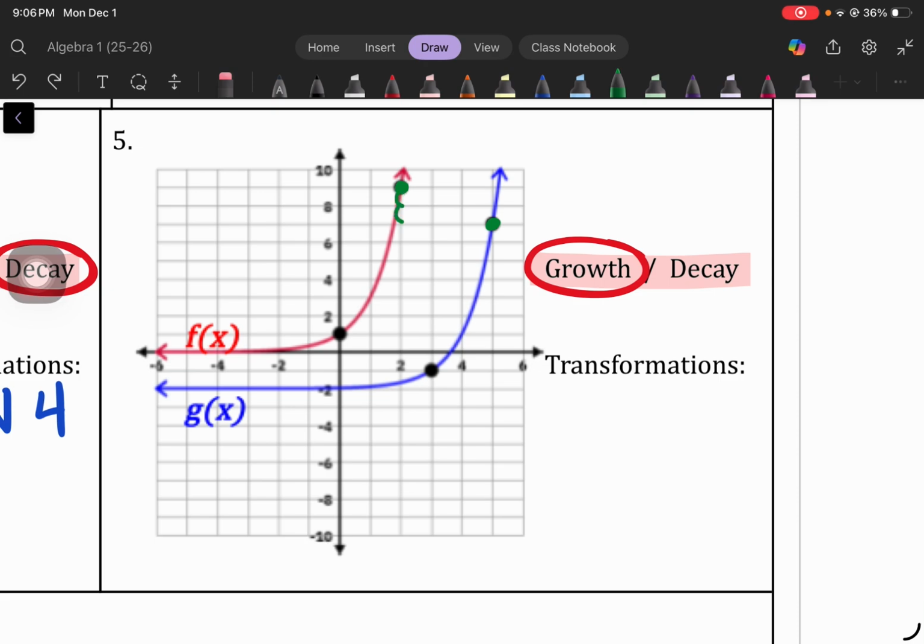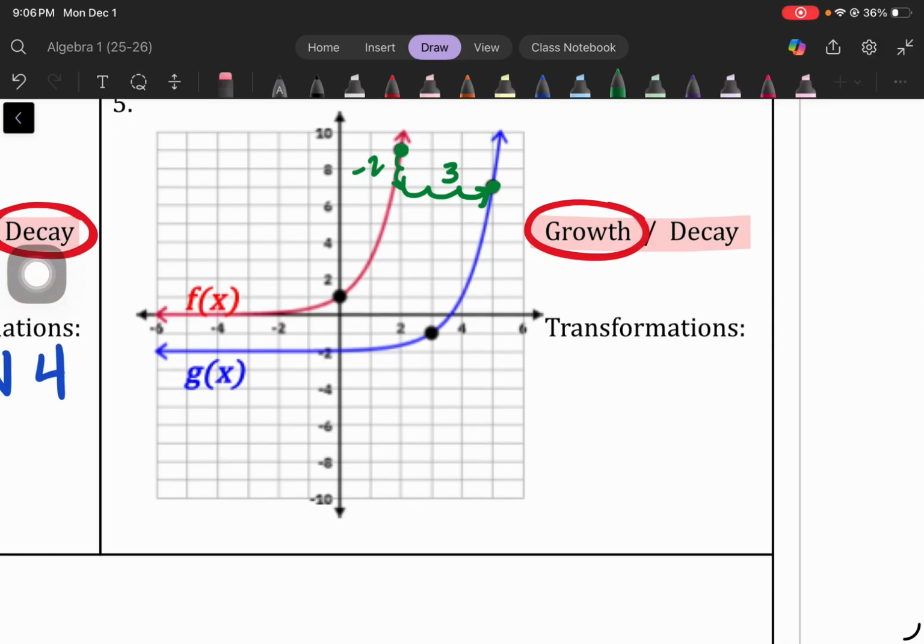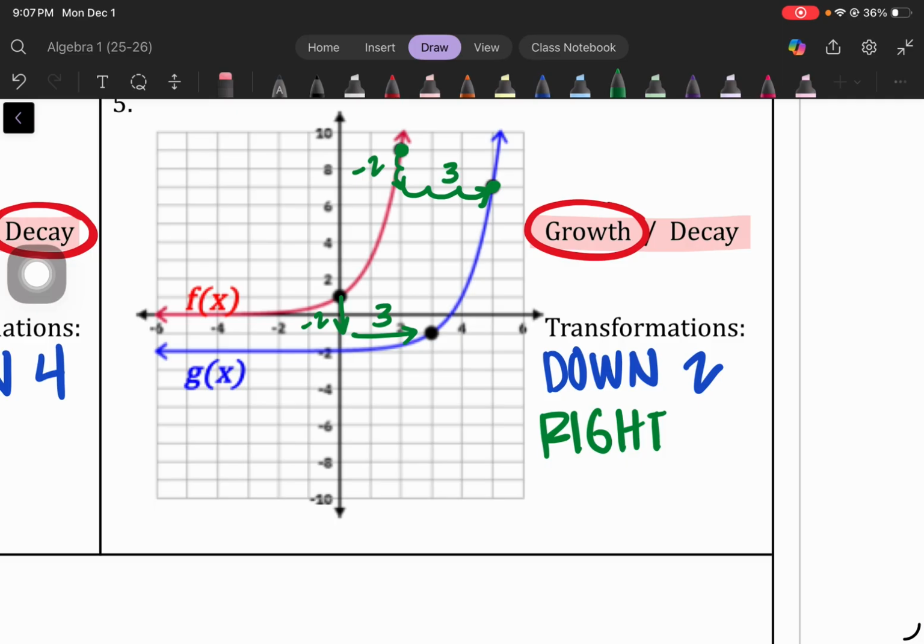So I went down 2, and to the right, 1, 2, 3. But we're going to double check every single one. So we're going down 2, and to the right, 3. And those are my only 2 dots. So I went down 2, and to the right 3.